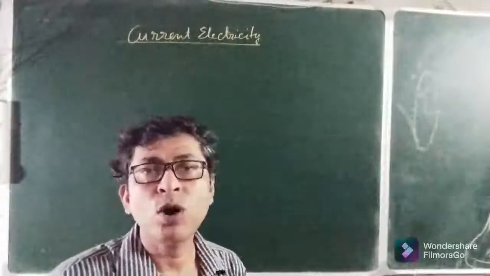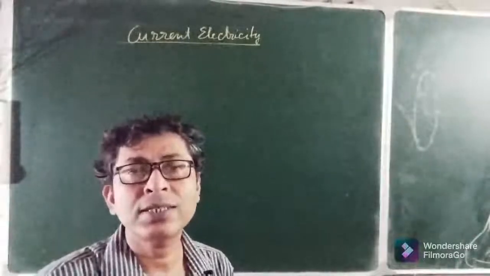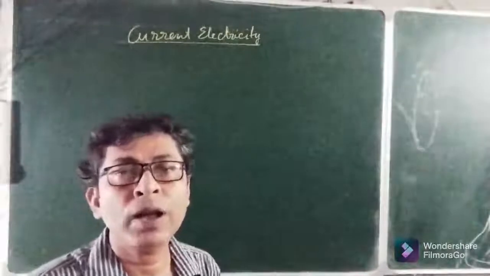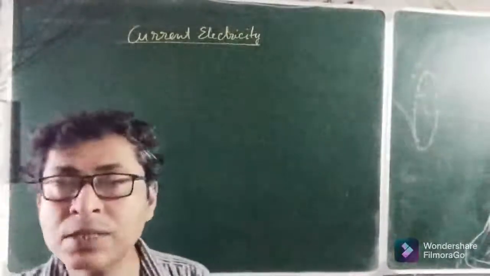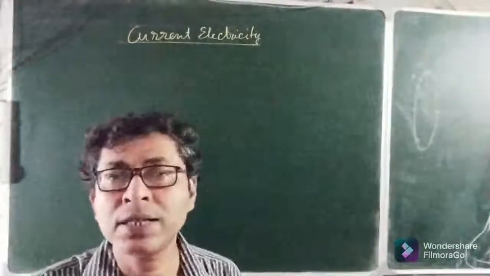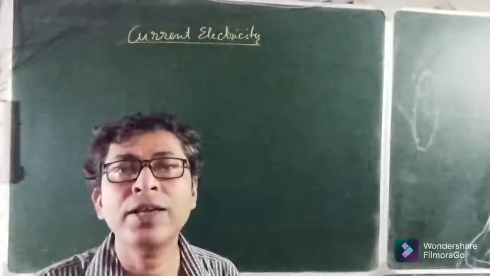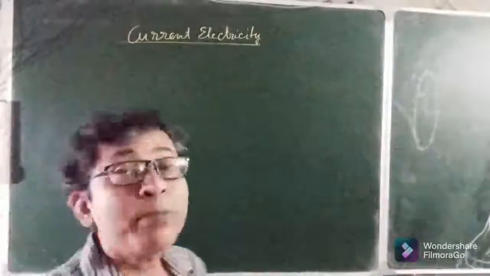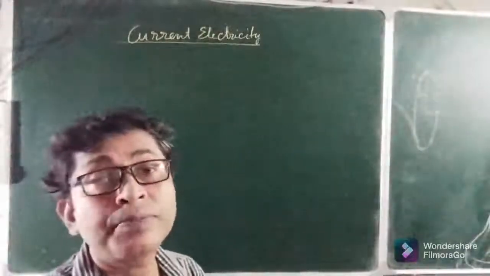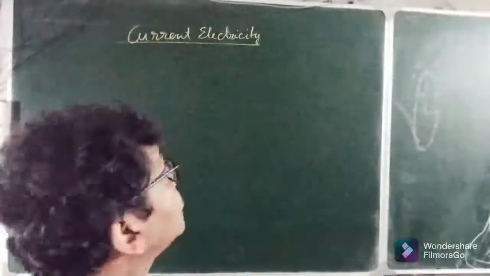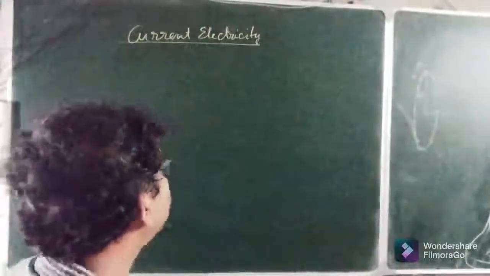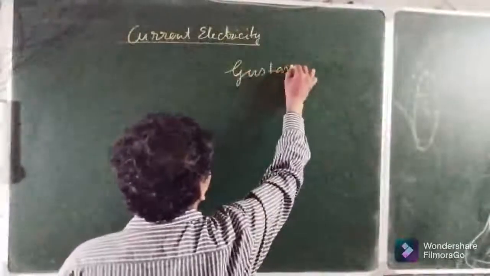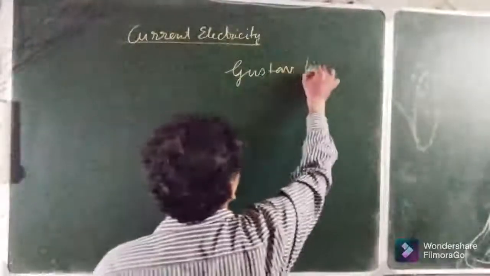And the rules of all these reductions of energy, as well as the rule of flow of current, the relations between the current, resistances and the EMFs, were discussed and explained by a German scientist, Gustav Kirchhoff.